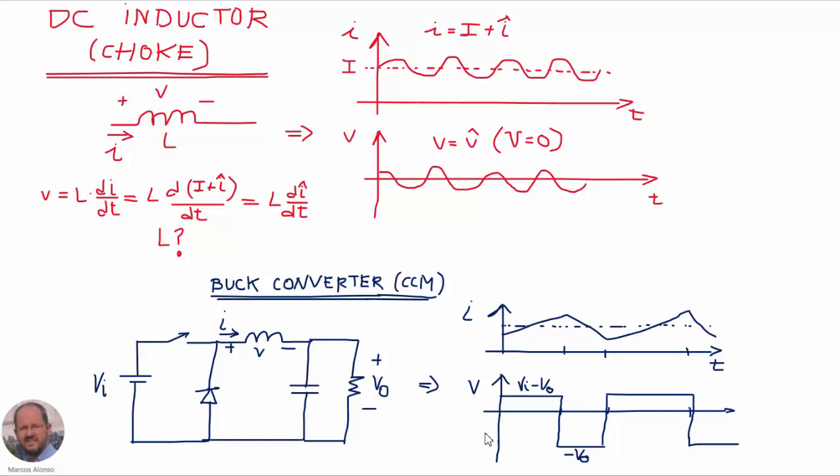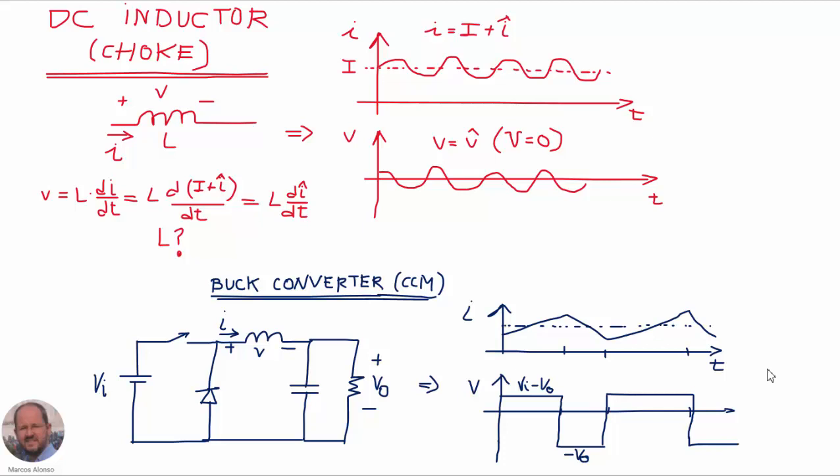And the voltage across the inductor is a square waveform like the one shown here. The maximum value is Vi minus Vo, and the negative value is minus Vo. So we can see how, if we take the derivative of the AC component of the current here, which is the triangular waveform, then we obtain this square waveform for the voltage across the inductor.